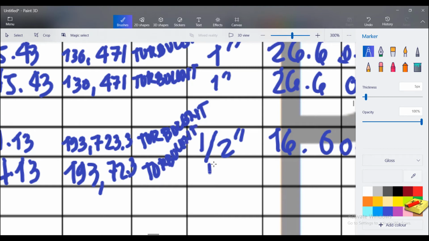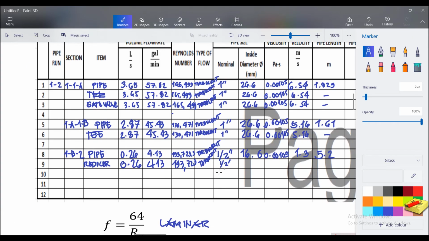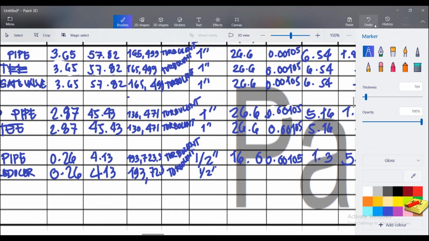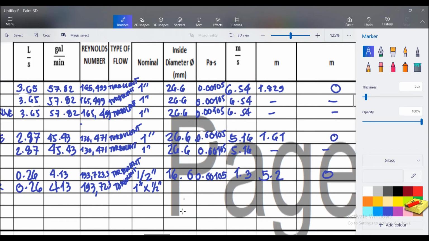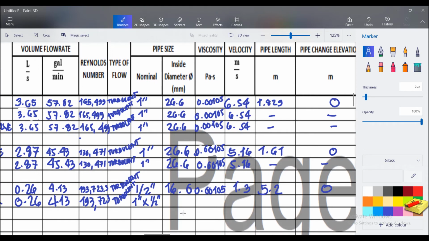Then we have your size, which is now 1/2. Oh, so that is from 1 inch. Sorry, size is 1 inch by 1/2 inch. Reducer, pipe reducer. Then that will be 26.6 by 16.